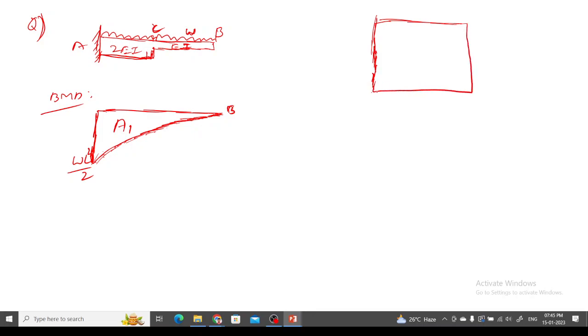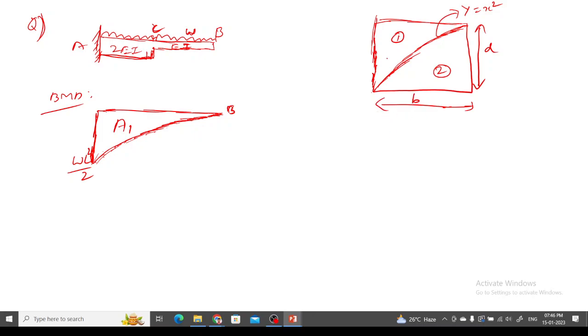So here I am drawing a parabola, I mean a curve like this. This is 1, this is 2. This curve I am naming y equals x square. This length is d, and this length is b.